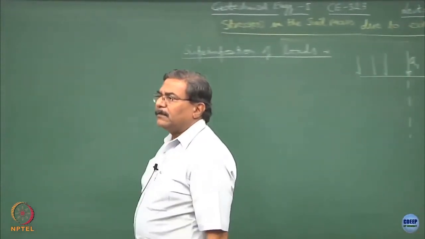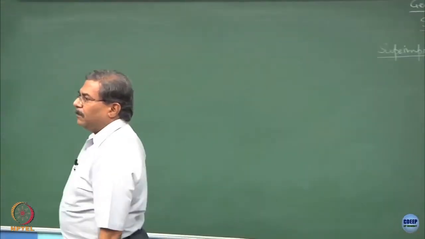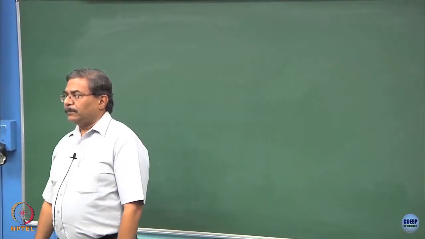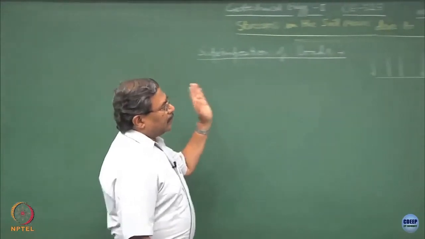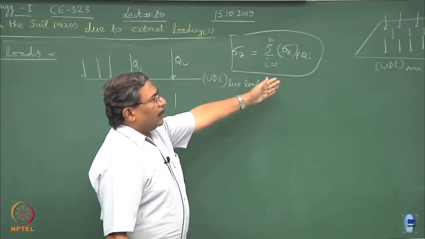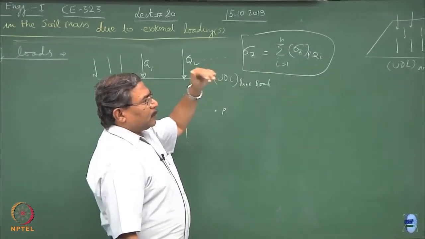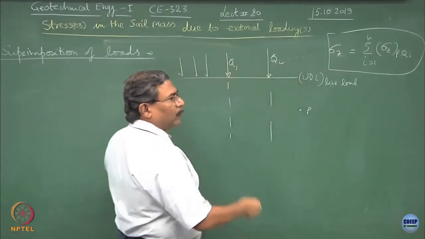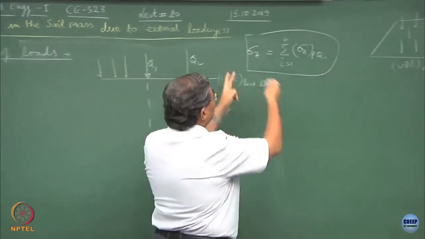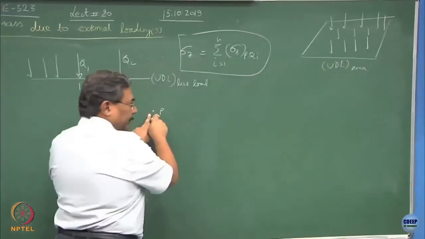The rest is all integration. Is this okay? If I integrate over these things, I will get the same effect. In other words, as long as the situation is very simple, I can keep on clubbing Q1, Q2, Q3, Q4, Q5, Q6, and I will say that this is the total sigma z acting at this point.